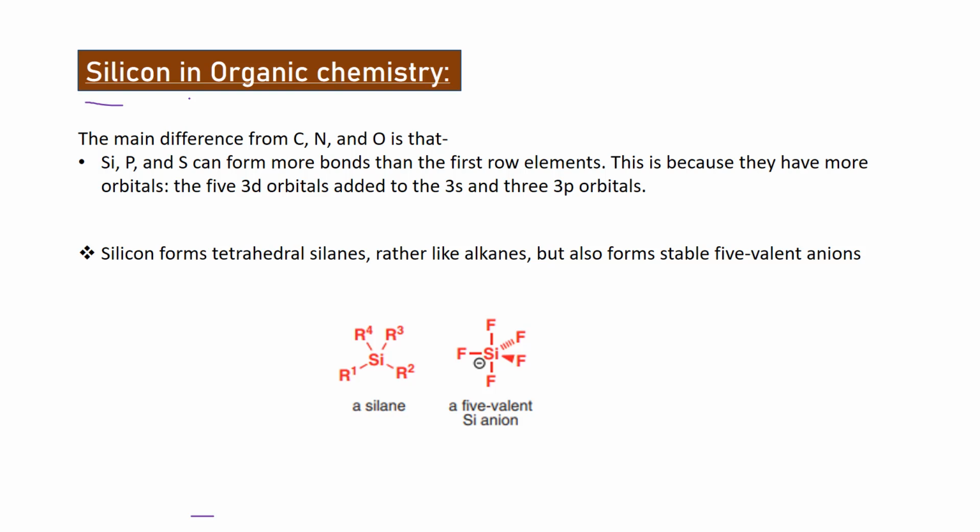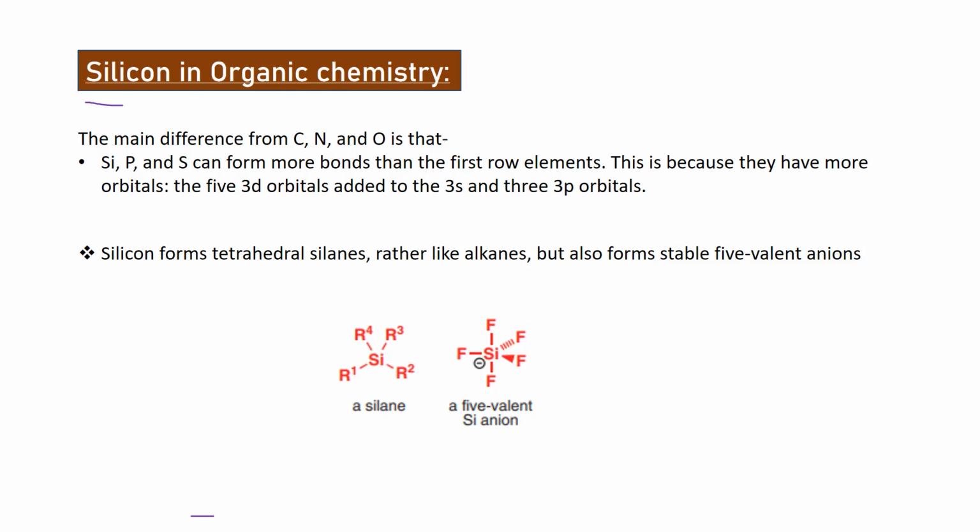As silicon, phosphorus and sulfur can form more bonds than the first row elements, they have some vacant d orbitals. Because of that, they can expand the octet, and because of the ability to expand the octet, they can show different activity from oxygen, carbon and nitrogen.